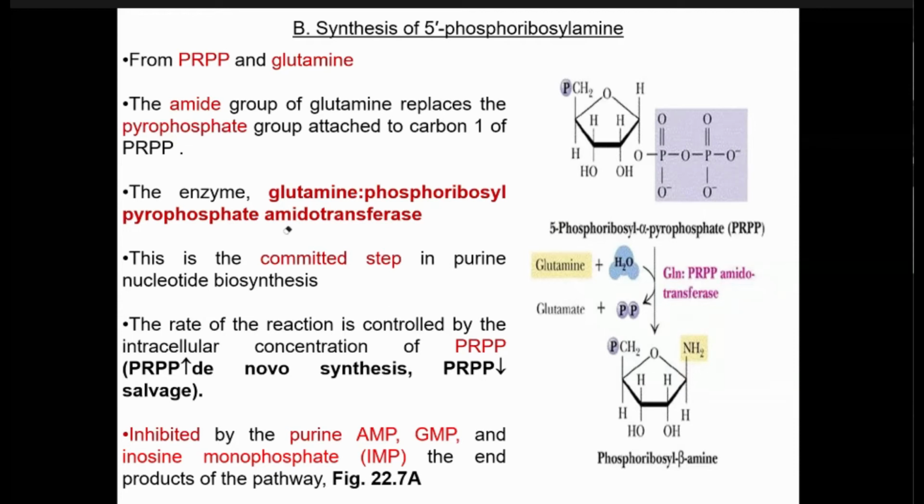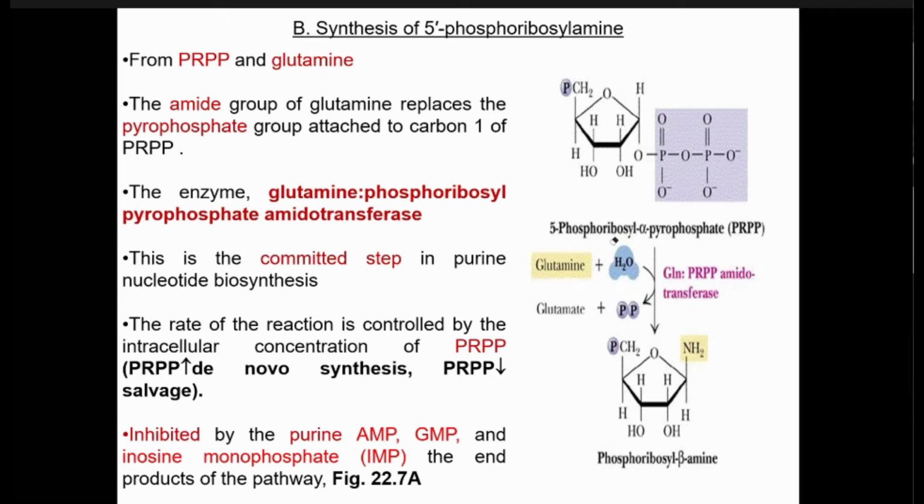Okay, so now, considering the first step of purine synthesis, the synthesis of 5'-phosphoribosylamine. It's very easy if you look carefully at how it's formed. This is position 5, phosphoribosyl.